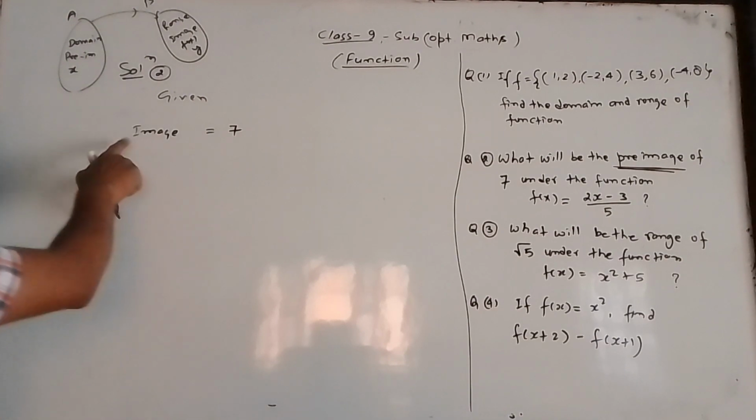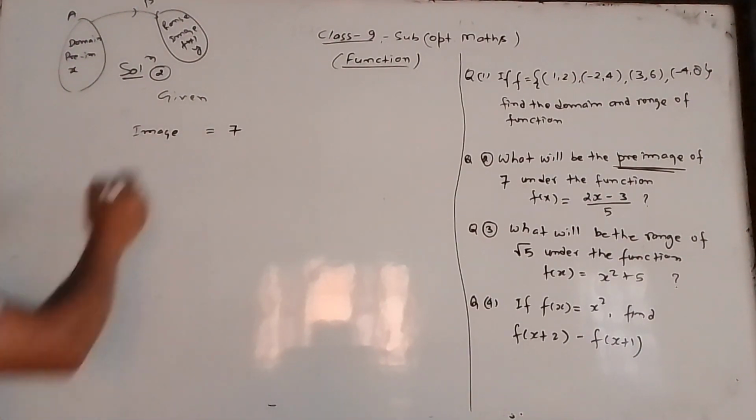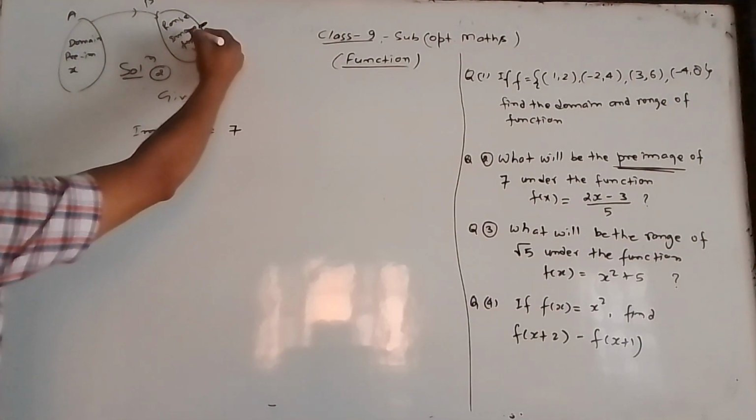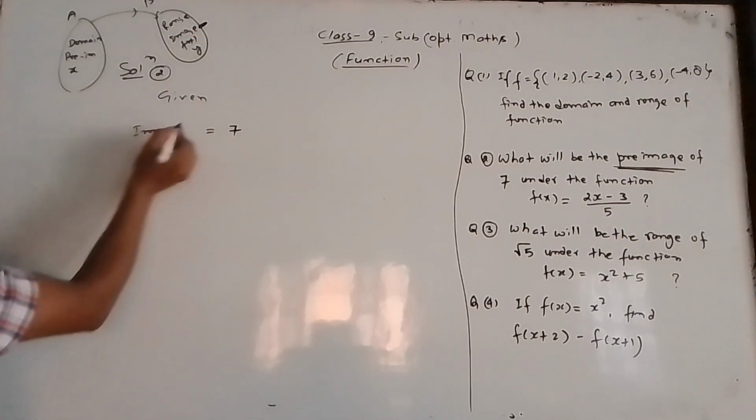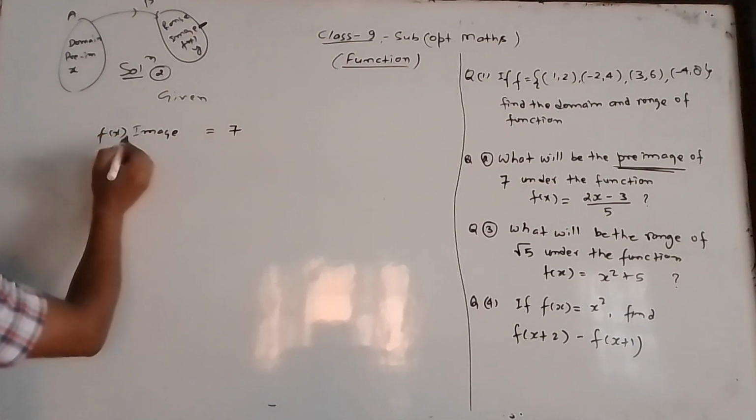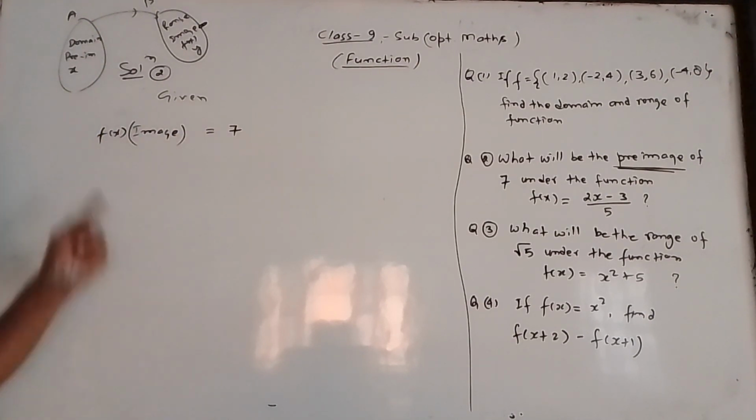So image is equal to 7. It means f(x) is equal to 7, y is equal to 7. It means what is given? f(x) is equal to 7 is given.